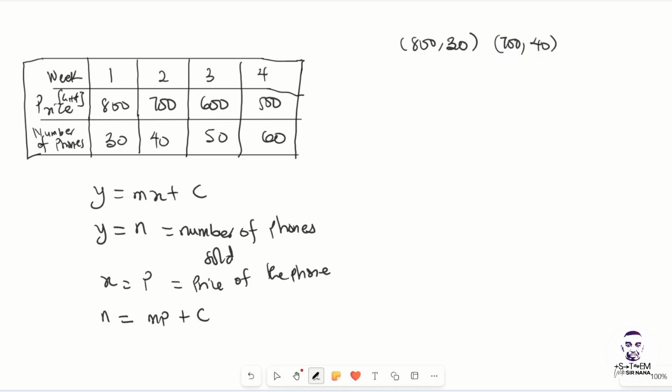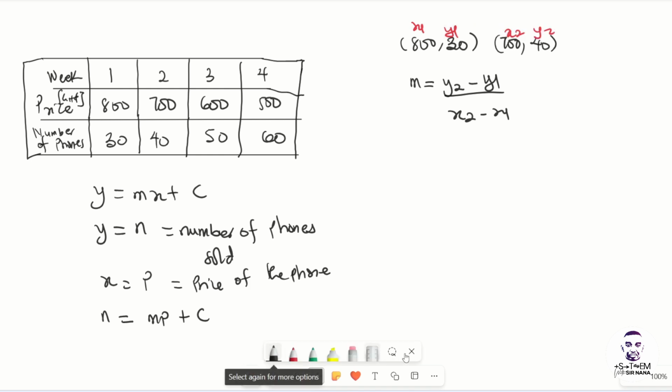Then we know that finding m, which is the gradient, is equal to (y2 minus y1) over (x2 minus x1). So we can label these points as x1, y1, x2, y2.